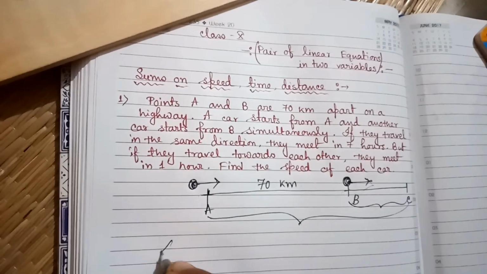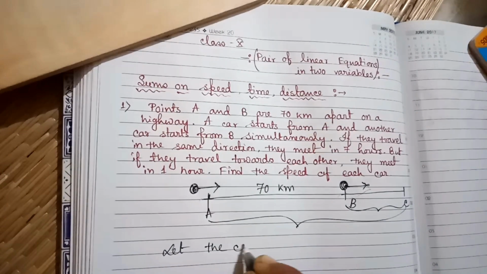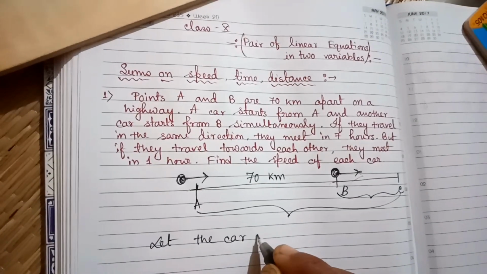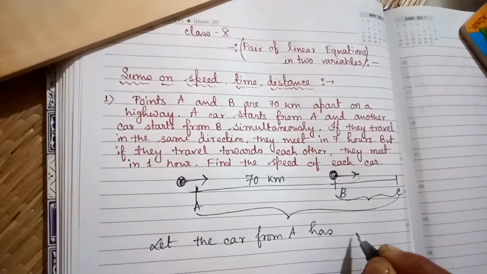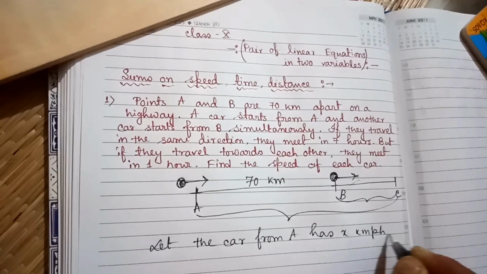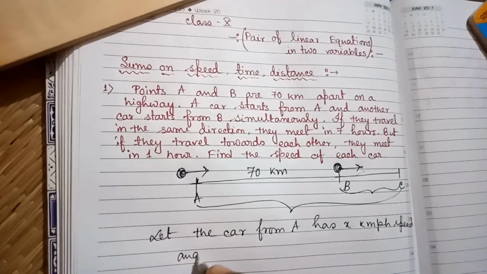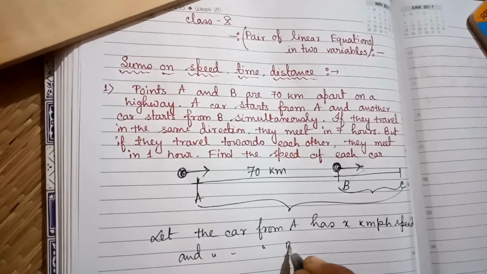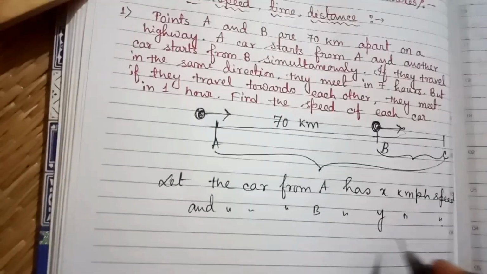Now let the car from A have x km/h speed, and the car from B have y km/h speed.